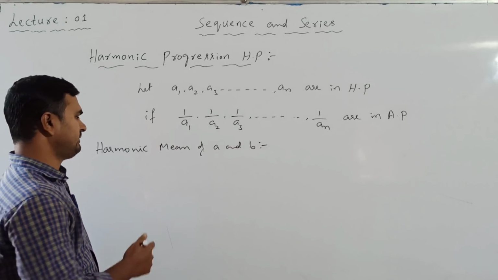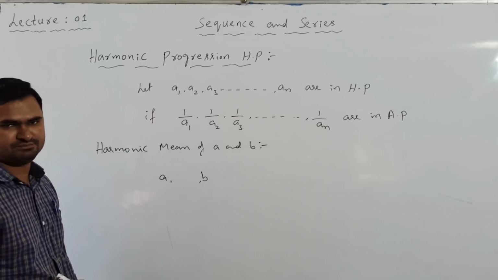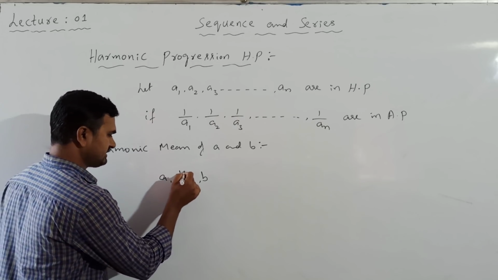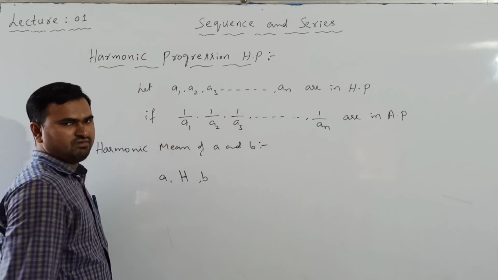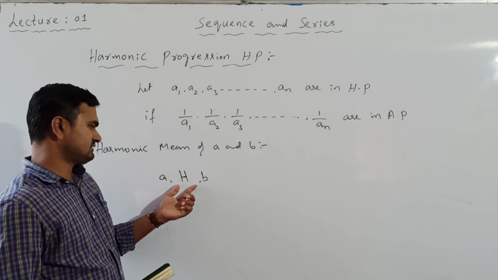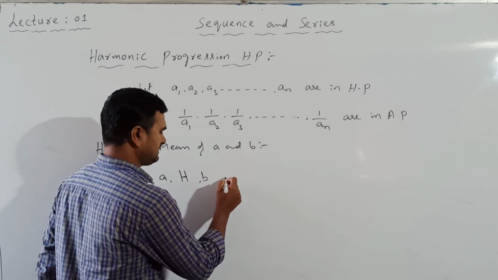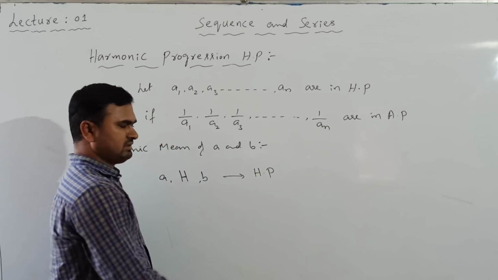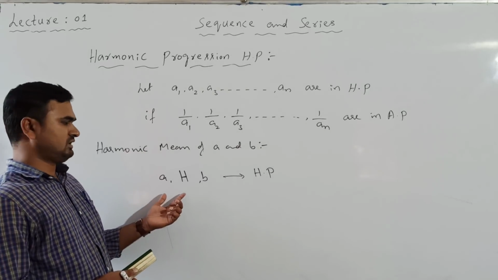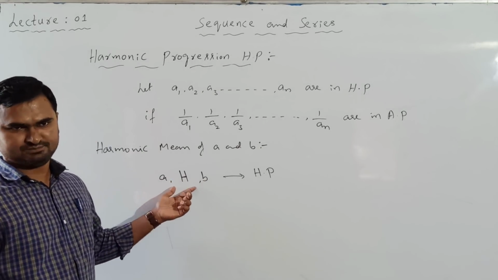In between A and B, if we insert one more number, capital H, so that the resulting sequence forms a harmonic progression, then H is called the harmonic mean of A and B. Now how to find the H value here?